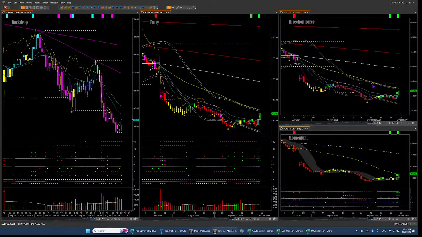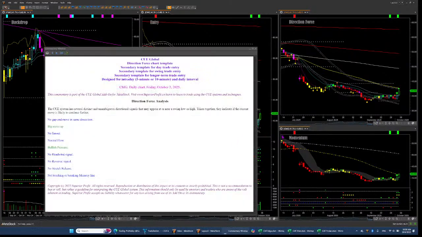Let's look at the direction forces that came on Thursday. Use the commentary feature. On Thursday, the directional forces were big move up, bullish fan out, bullish flow, and bullish pressure.